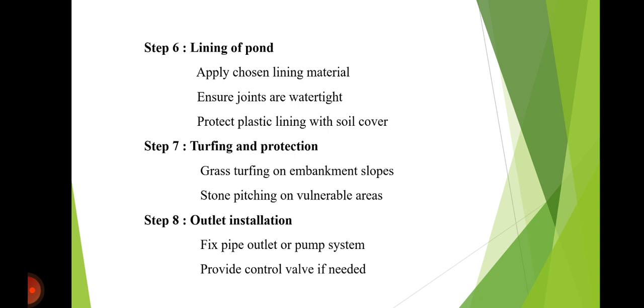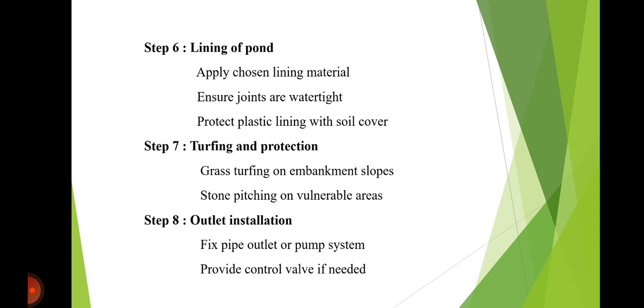The next is lining of the pond. If it is required for the construction, we can use it as a main purpose. Where seepage losses are high, lining materials may be used: compacted clay lining, brick or stone masonry, cement concrete lining, plastic or geomembrane lining.